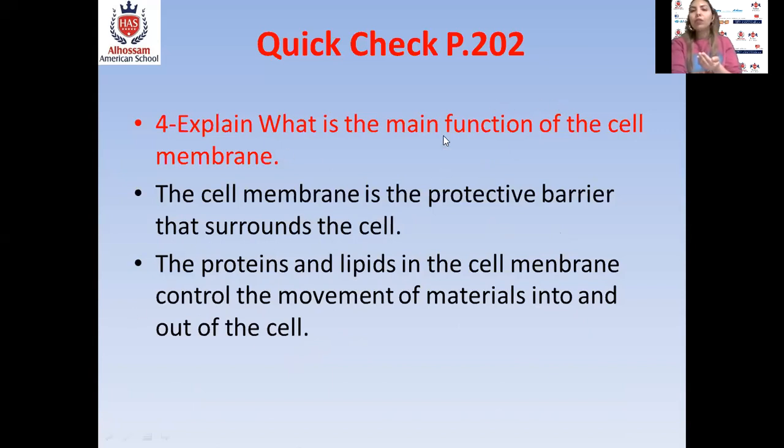But the question is about function, so you can write the answer or you can underline it in page 202. It's written in the first paragraph, on the function, okay?